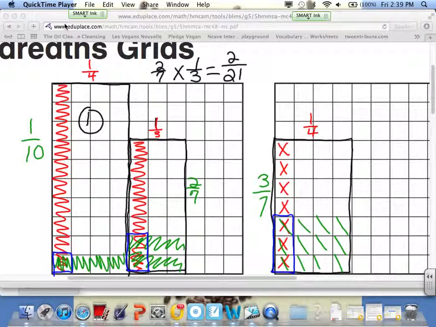Okay, we're going to do one more, and then I'm going to give you a chance to practice. And if you need some help, my kids have done this before, so you could raise your hand or you could go over to one of them and ask for some help. Number 7. Oh, I didn't explain that. The ones that are circled are the ones that we can do on these grids because these are 10 by 10.